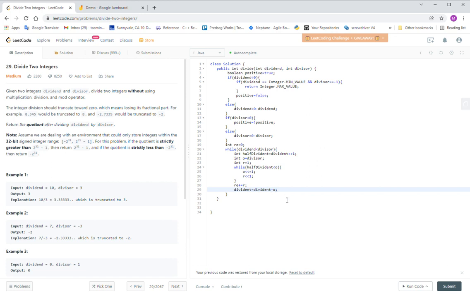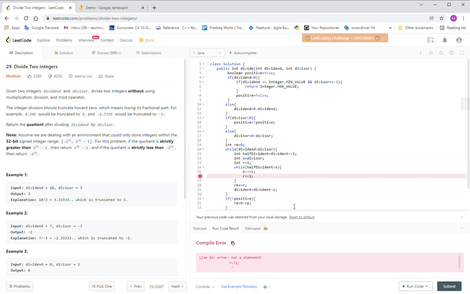We need to calculate the rest one, and then if the return is negative, we will reverse it and then return this one.